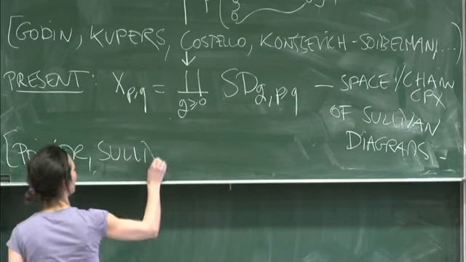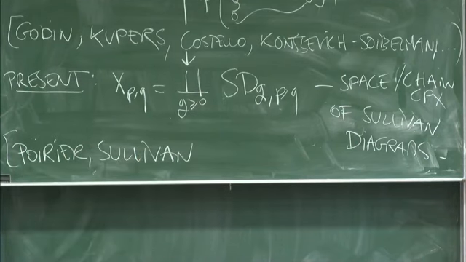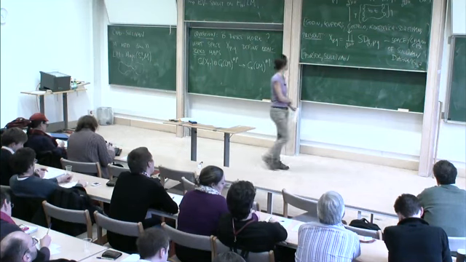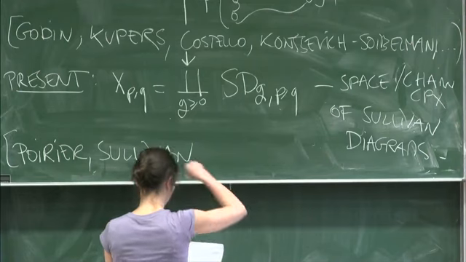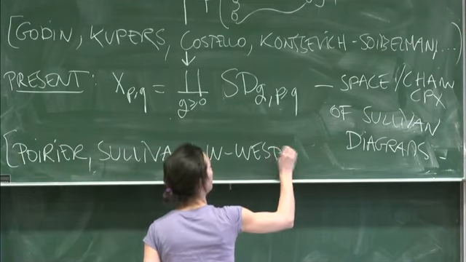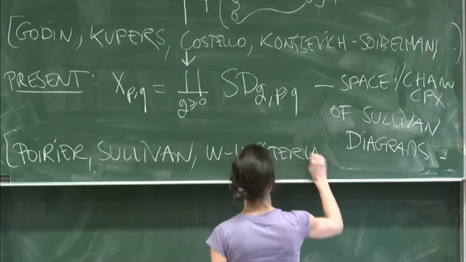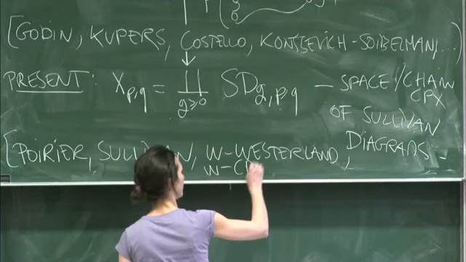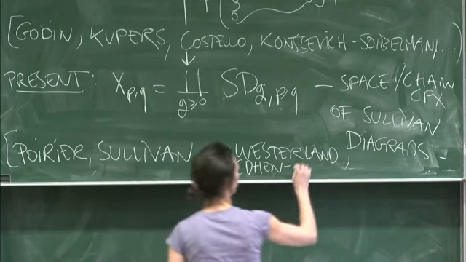I guess Sullivan himself probably thought about Sullivan diagrams acting over the last many years. And I have joint work with Craig Westerland, and then with Ralph, who's here, and Nancy Hingston.